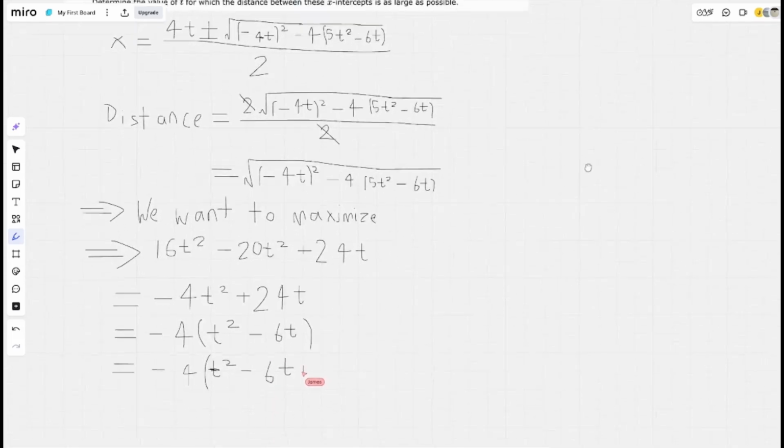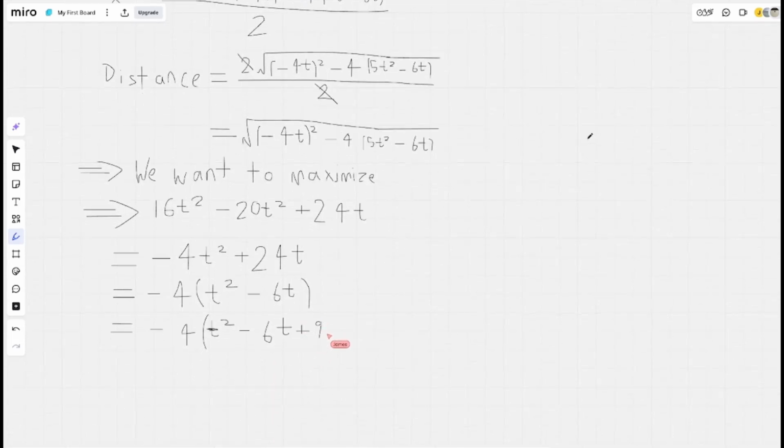But since you added 9 inside this expression, you essentially subtracted 36 in the overall expression, because you also multiply it by negative 4. So since you subtracted an extra 36, you want to add 36 back. And finally, we know that t squared minus 6t plus 9 is equal to t minus 3 squared. And then you have plus 36 at the end.